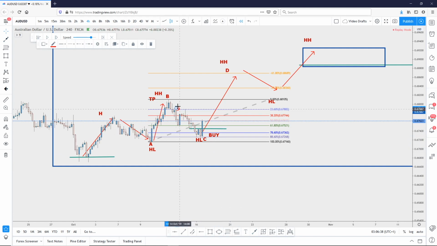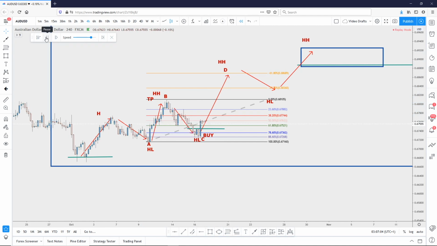By using Fibonacci, we measured the retracement to an area. We placed a buy, and now we're looking at our targets. Either take profit, I call this take profit 1, take profit 2, take profit 3. And so say we bought, and now I'm gonna hit play.